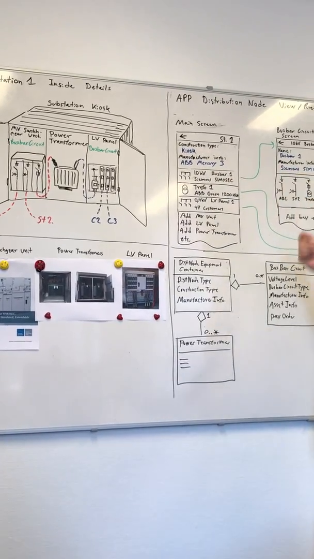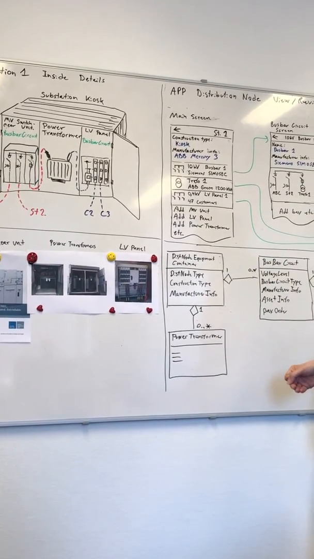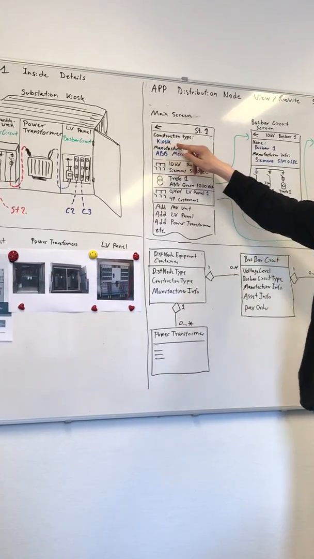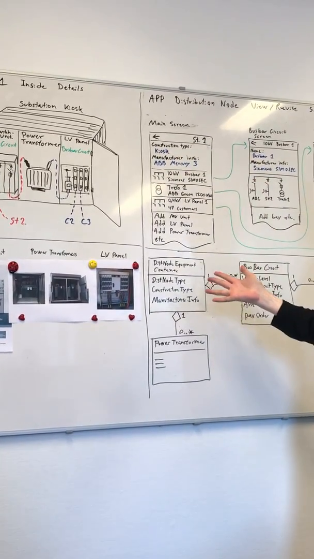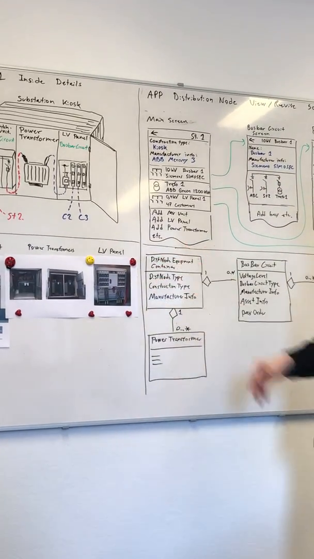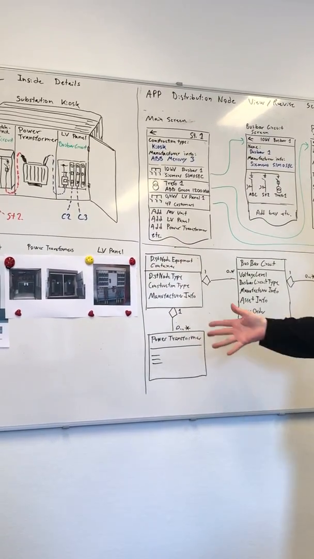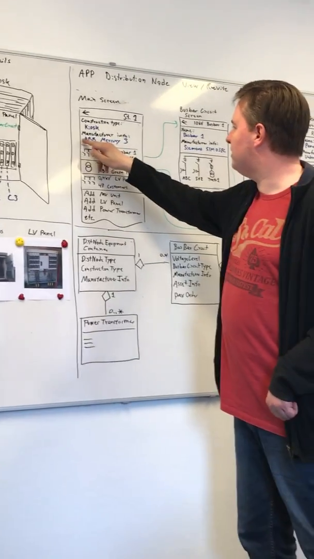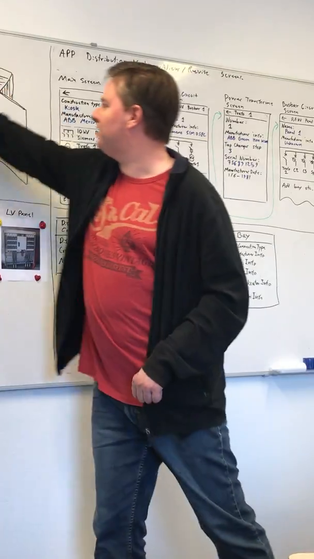You can see in the data model which construction types you can choose from. That's very important information for him to find out what he's looking for. Is it, like you said, a doghouse, or what is it? Another piece of information is the manufacturer info of the box itself.